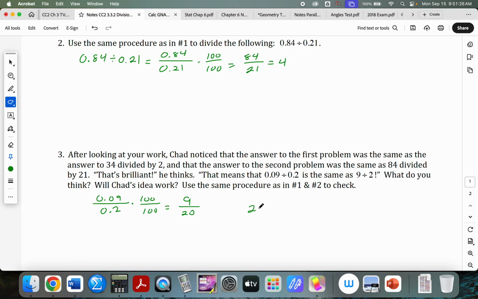Now we can do a long division with that. So 20 doesn't go into 9, but 20 will go into 90 4 times. We'll add another 0 behind the decimal. 20 into 100 goes 5 times.